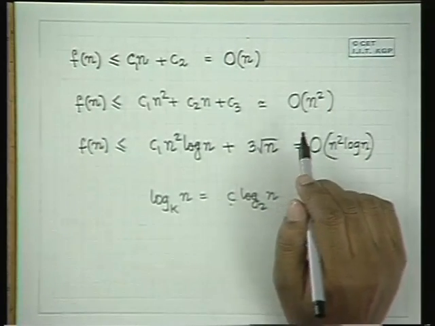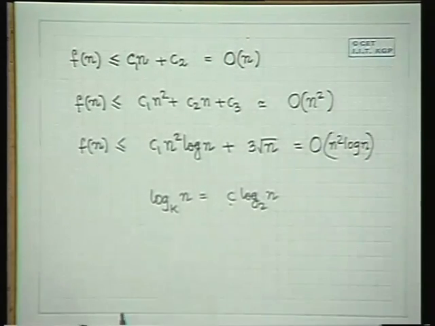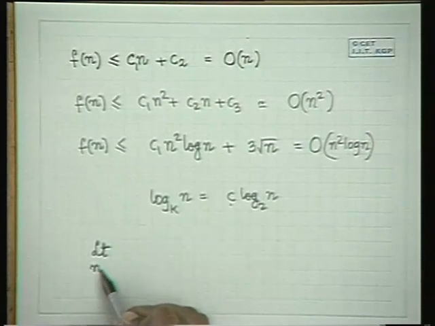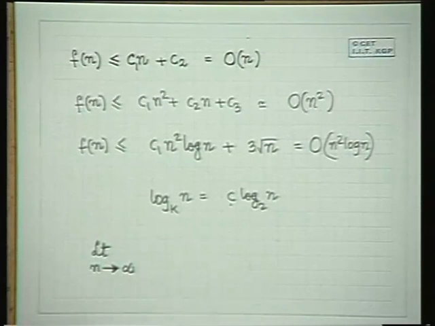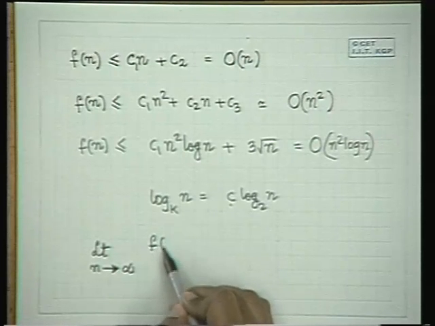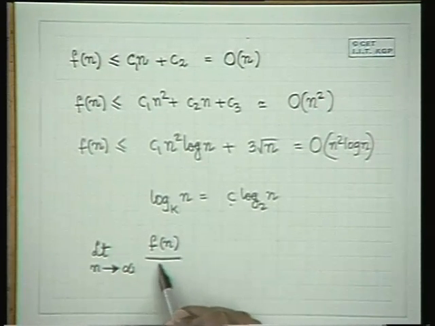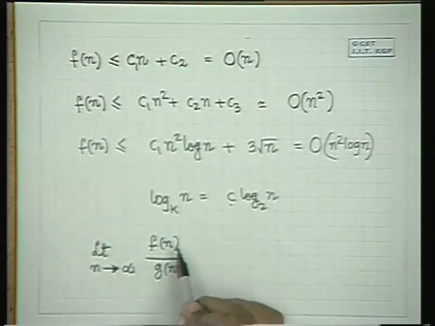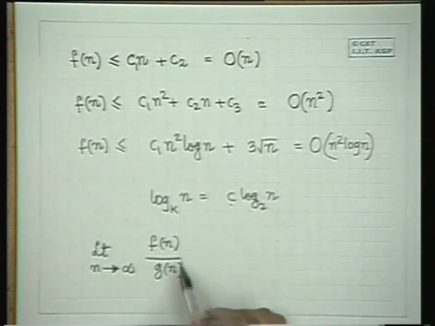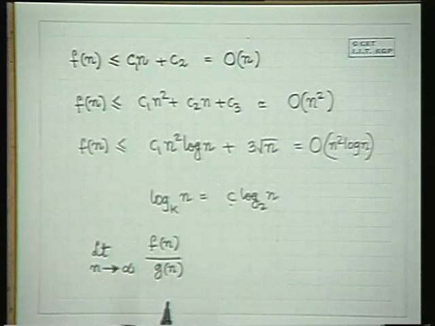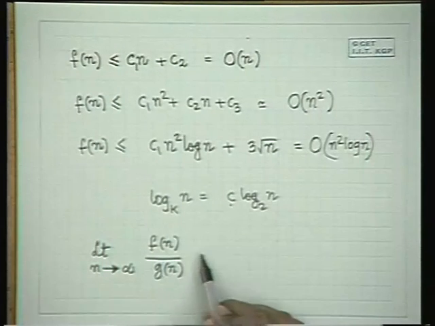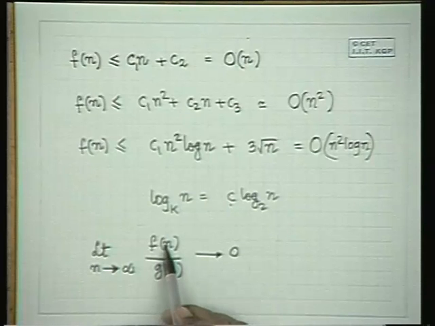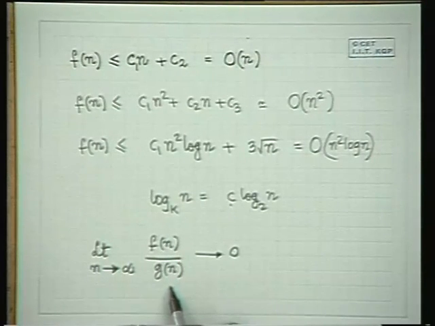So then asymptotically, we compare two of them, and we say when the limit of n tends to infinity, we compare f(n) and g(n) and see which is the smaller of the two. If this tends to 0, then this is better than this.